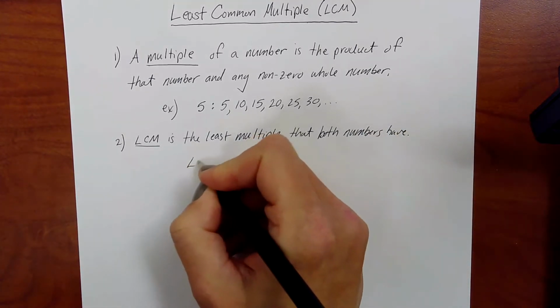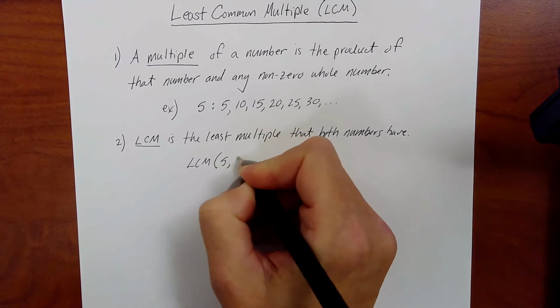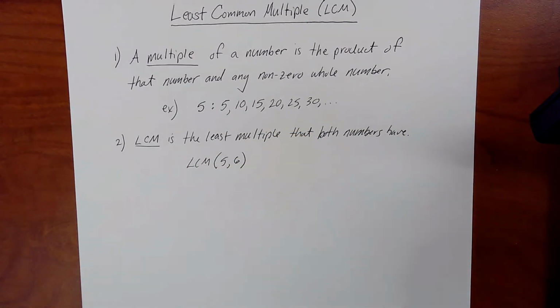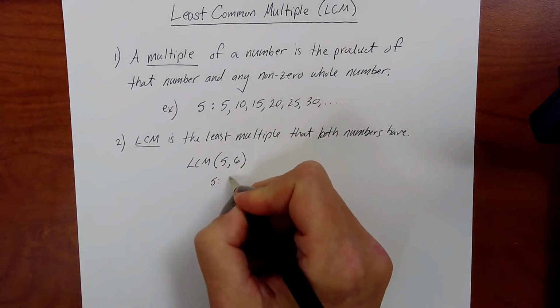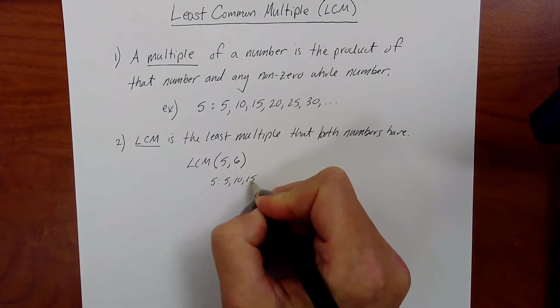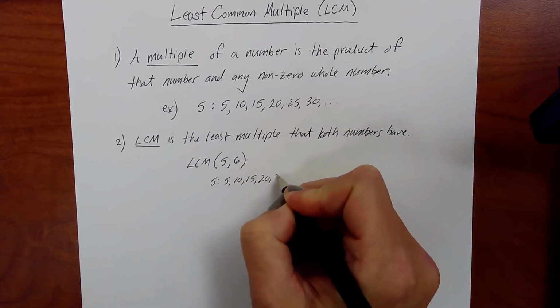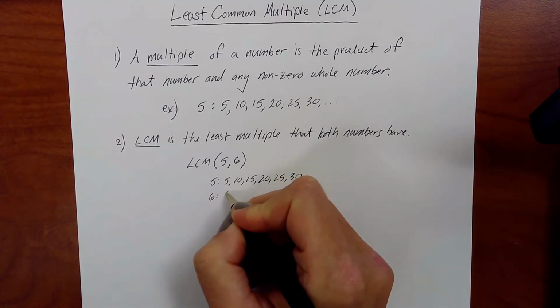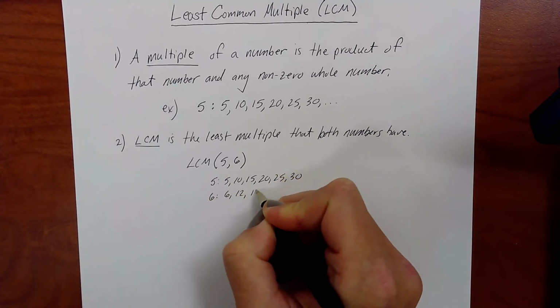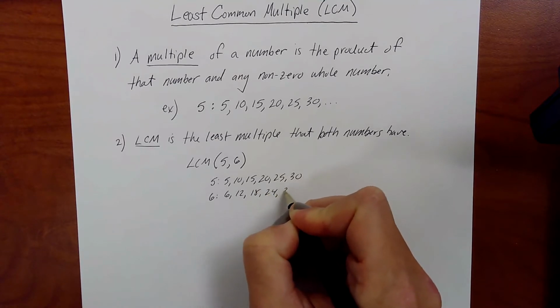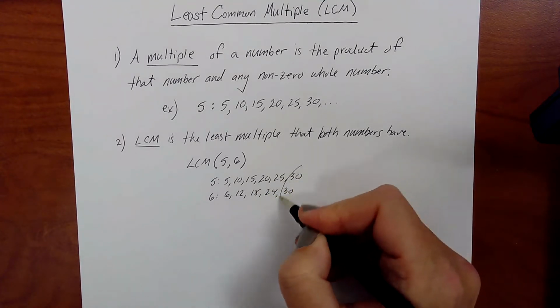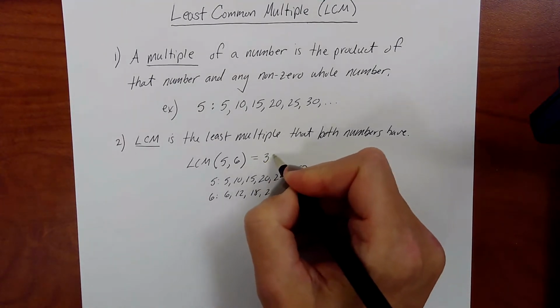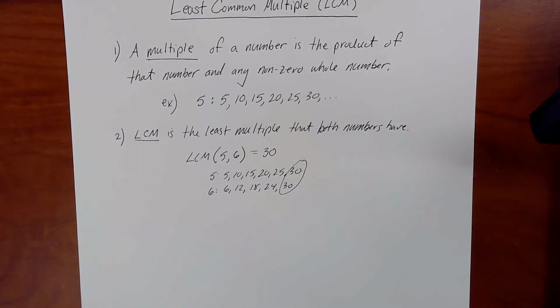So if I asked you for the LCM of 5 and 6, in your head you're thinking, all right, I'm going to go up by 5s. Here's multiples of 5. Here's 6. 6, 12, 18, 24, 30. Oh, there it is. There's the smallest one that they have in common.